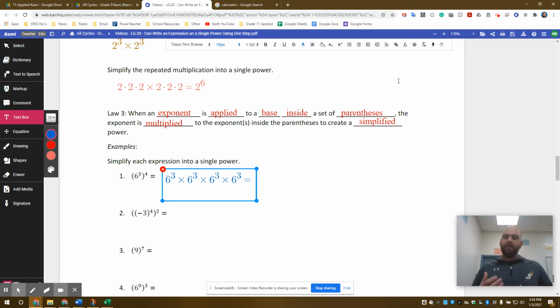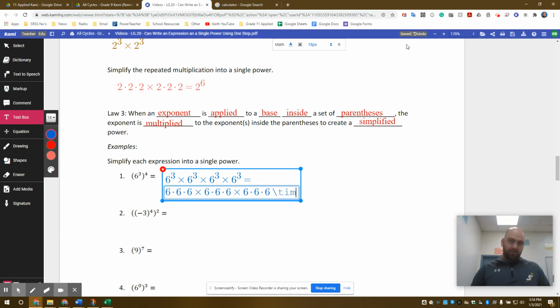We can rewrite that, and instead of writing out the power as the base, we can actually expand each of those powers as well. When we expand each of those powers, we get 6 times 6 times 6 times 6 times 6 times 6 times 6 times 6 times 6 times 6 times 6 times 6. That's a lot of sixes.